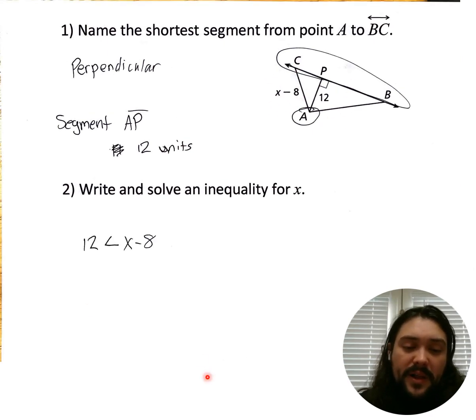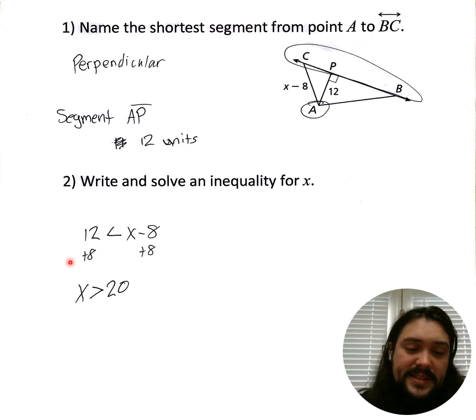So I'm going to write an inequality that says AC, or x minus 8, excuse me, what AC is, has to be bigger than my shortest side, my 12. Then it's a matter of just getting x by itself. We'll add 8 to both sides, and we get x has to be greater than 20 for AC to be larger than AP.